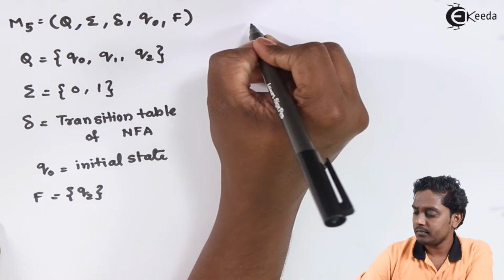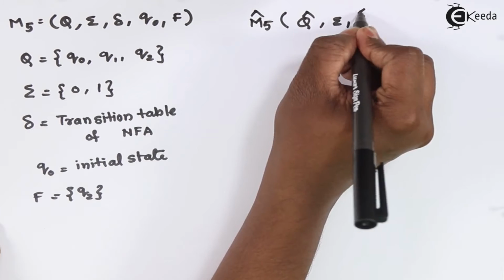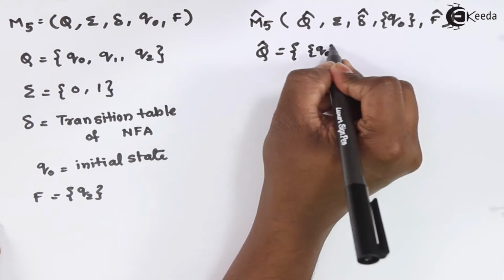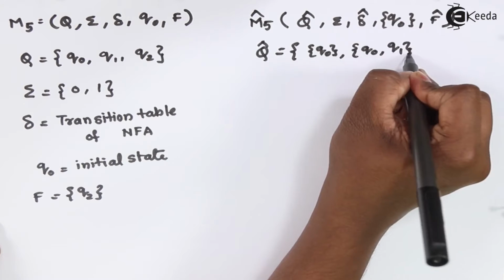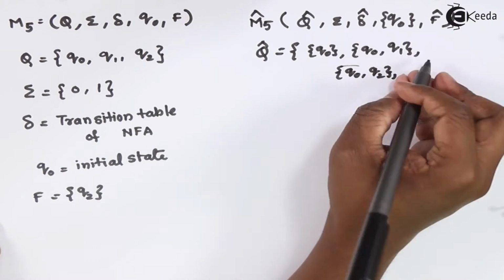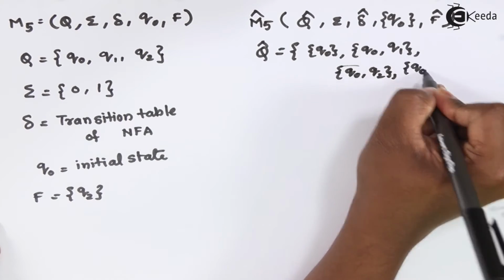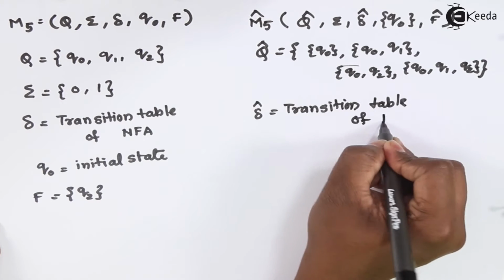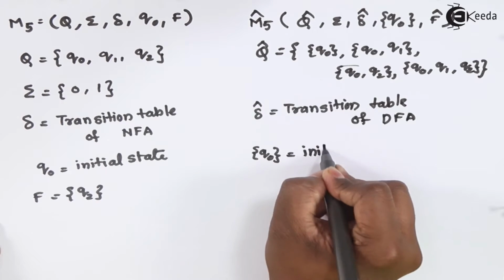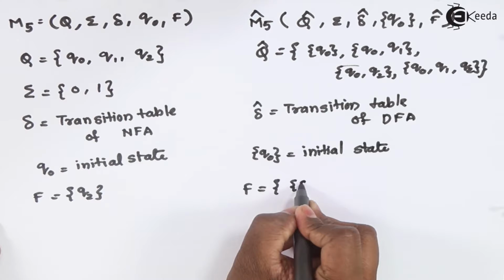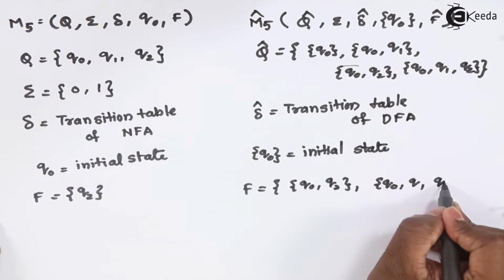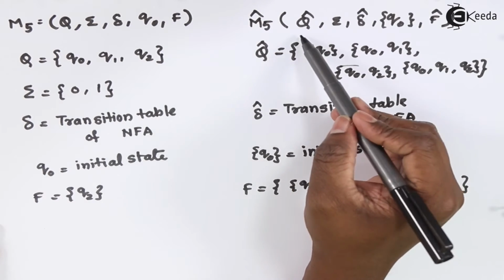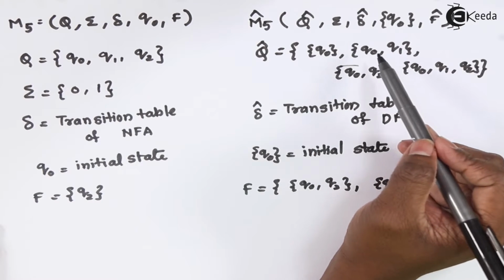Similarly, in M5 cap, we have Q cap, sigma, delta cap, Q0 and F cap.